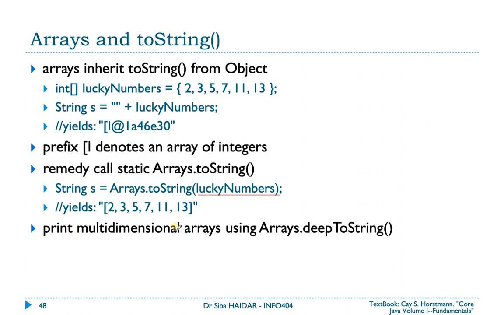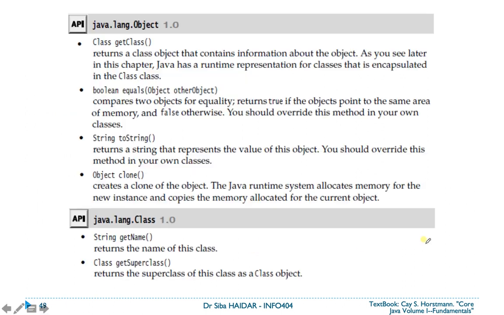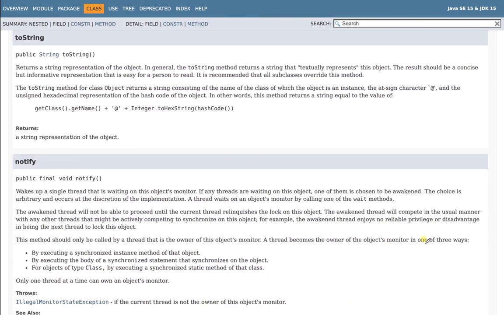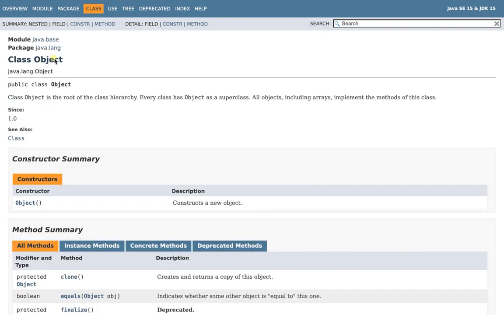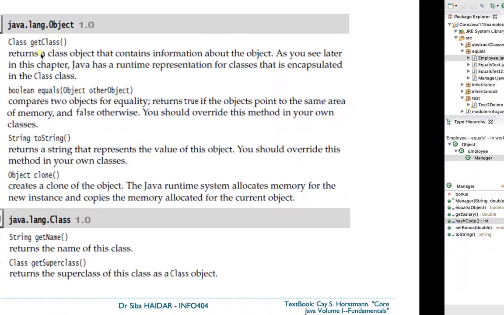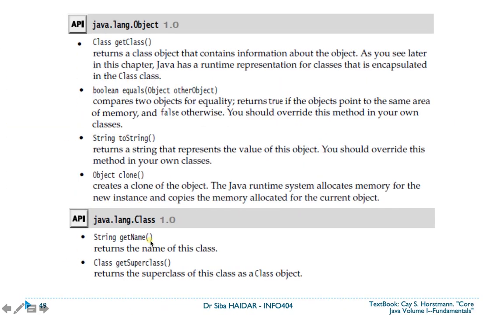To print multidimensional arrays, if you have an array inside which you have another array and so on in layers, you have to use the other static method, which is called Arrays.deepToString. You can enjoy consulting the documentation for the Object class, the Arrays class, and the Class class, because it has the getName method.